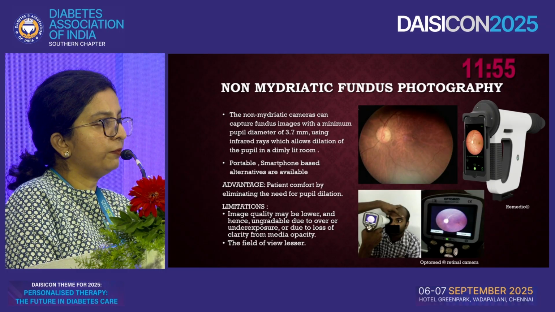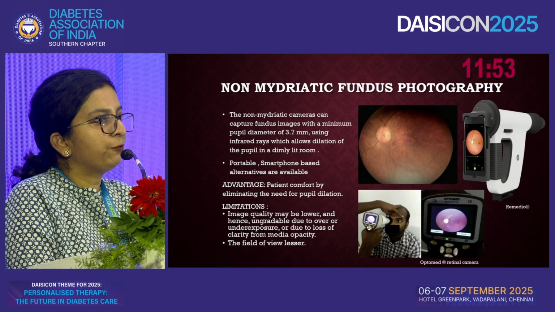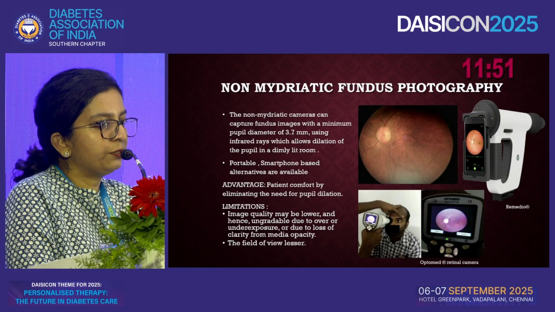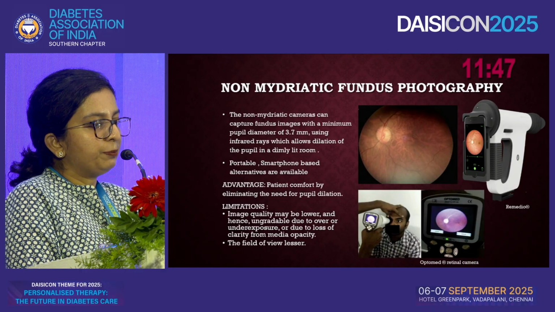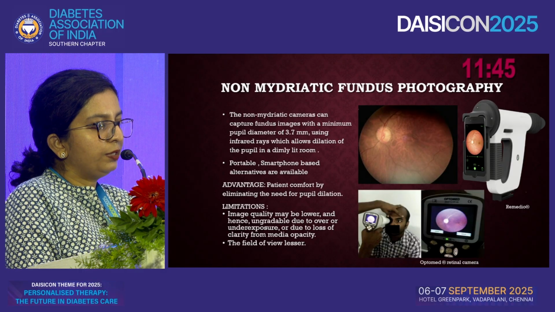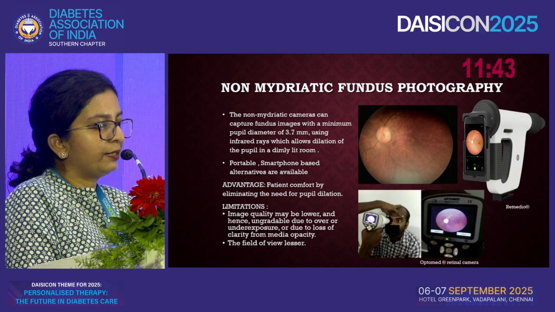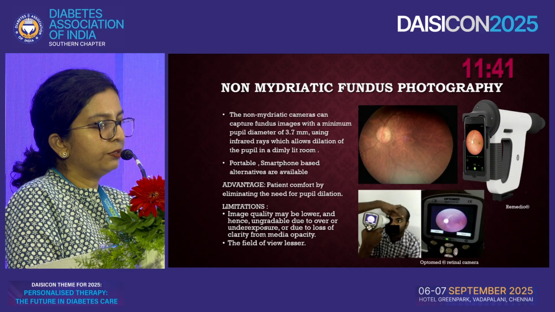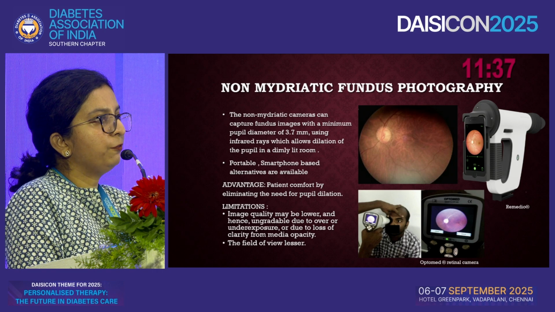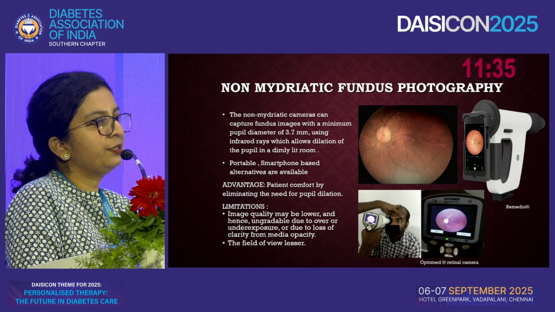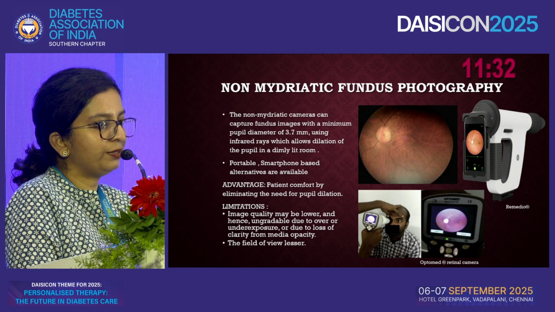The main advantage is that we do not need to dilate the patient, so the patient is more comfortable. But it is at the cost of image quality, which might be lower, and even early cataracts can hamper the clarity of the images. Also, the field of view is significantly lesser. Only 30 degrees of the retina is imaged.